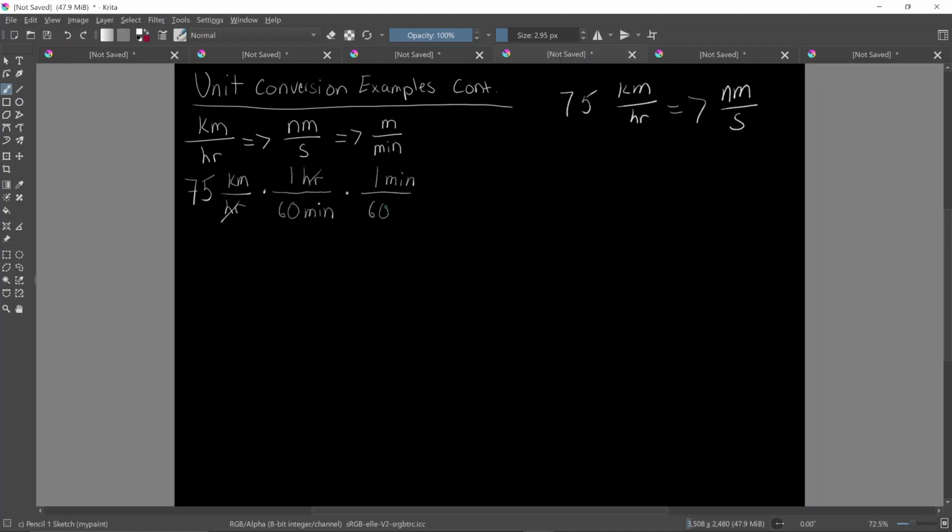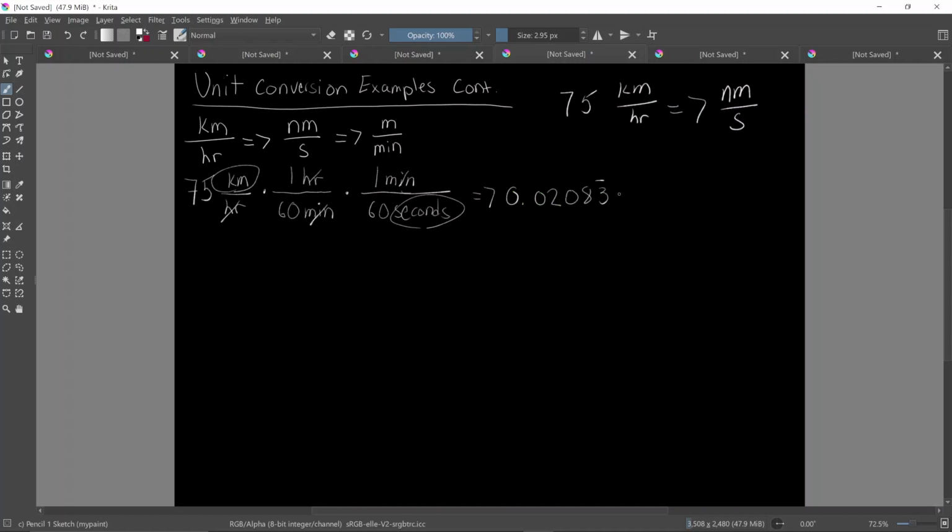So my minutes cancel out, and that leaves me with kilometers and seconds. So I'm going to multiply that out so I don't get a really long term. So 75 divided by 60, divide that by 60, and you get 0.0208.